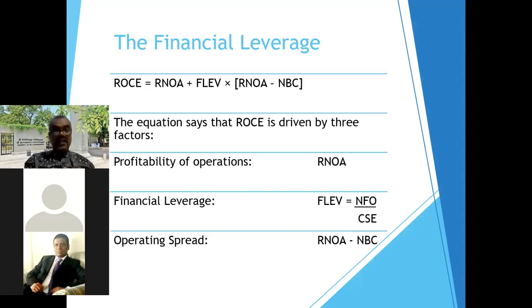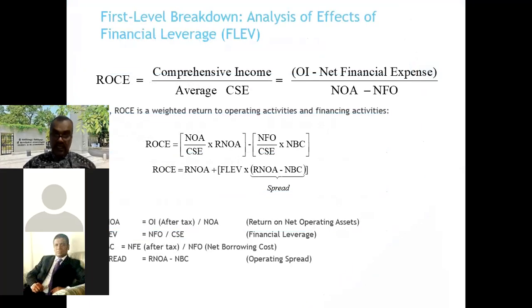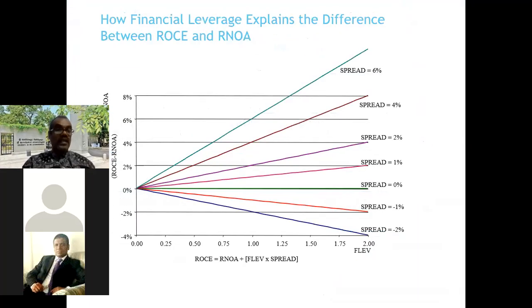Then difference is 6. But if this is 0, what happens? No matter, 6 into 0 becomes 0. So therefore, automatically ROCE is equivalent to return on net operating asset. That's it. Then there will not be any difference, even though there is a spread.